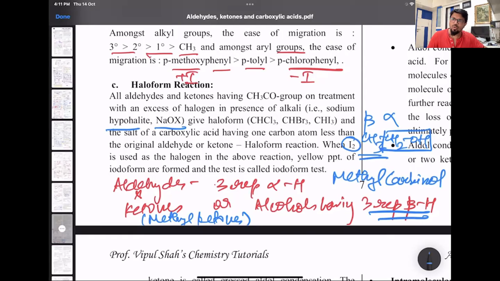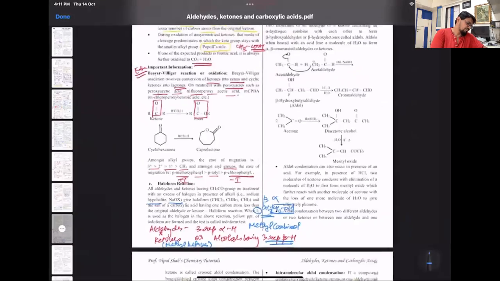Both will give NaOI, sodium hypoiodite, which is a mild oxidizing agent. That will oxidize the alcohol to the respective aldehyde or ketone, depending upon the compound. If it is a primary alcohol, it will give an aldehyde, and then the aldehyde will give the haloform test. It can also be acetone, because acetone also has 3 replaceable alpha H.